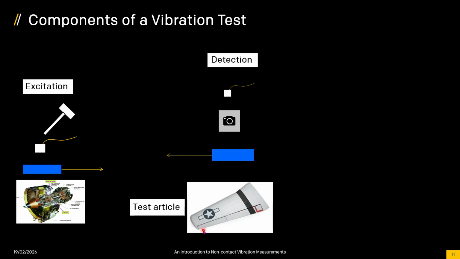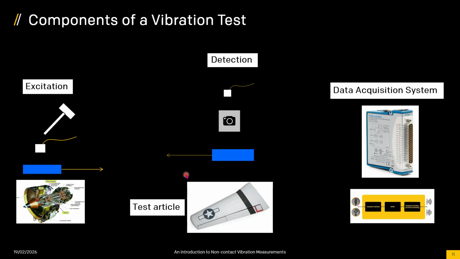There's a test article, there's excitation, and some way to measure this vibration. That comes to the sensor part, which is going to be center stage for us. There are some contact transducers, there are some optical methods, which can be broken down into camera based, or what our focus is today, laser vibrometry. So we have the excitation, we have the detection, and then we need some way to store, process and analyze the data.